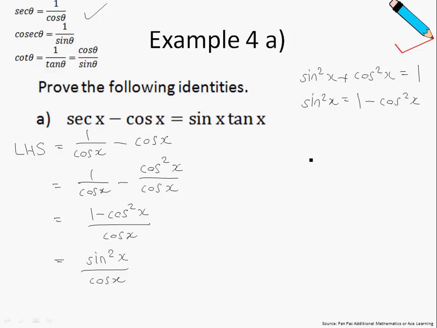Since I'm sort of out of space, let me continue over here. Sine squared x divided by cosine x can be written as sine x times, this dot means multiply, sine x over cosine x. And finally, we all know that sine x over cosine x is just tangent x.